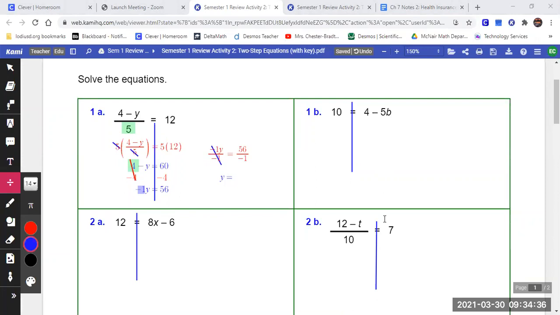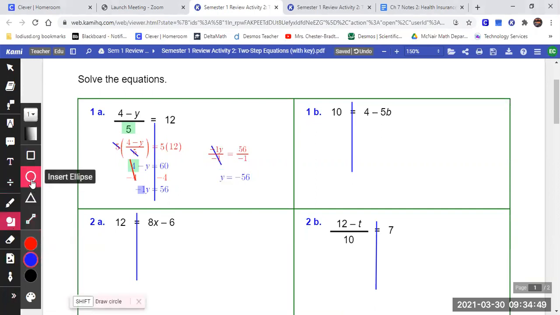So what do we think? -56, yes. I'm doing this trick. It's prettier looking.